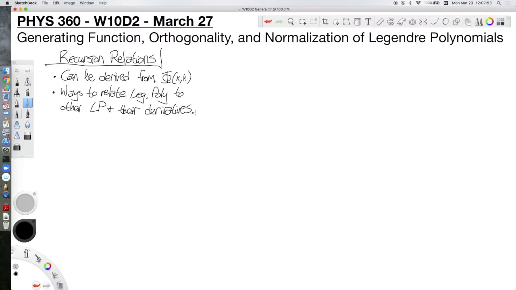In short, some of the recursion relations can relate a Legendre polynomial P_L of x to the two previous Legendre polynomials, P_{L-1} of x and P_{L-2} of x, or relate a Legendre polynomial's derivative to the value of the Legendre polynomial itself.